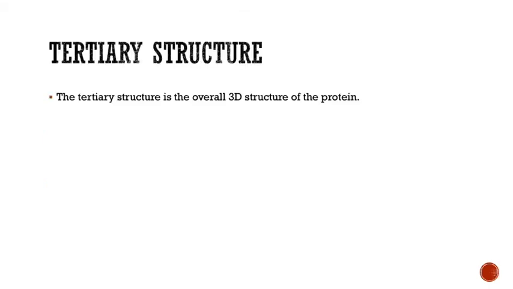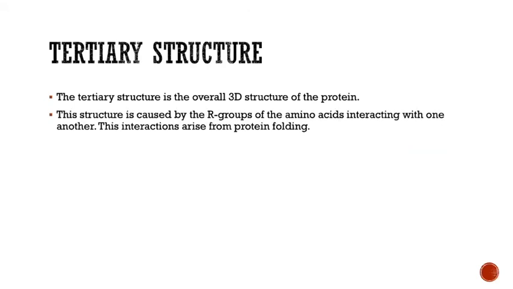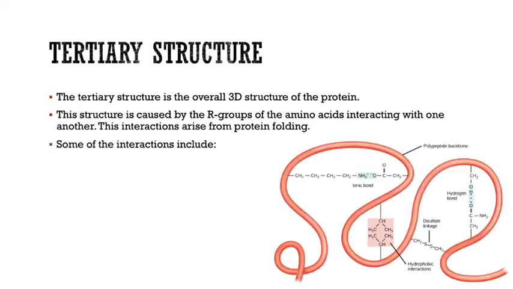Okay, tertiary structures are the overall 3D structure of the protein, and these structures are caused by the R groups from the amino acids interacting with each other. With secondary structures, it was more the amino groups and the carboxyl groups of the amino acids interacting with each other, but here it is the side chains that interact with one another. Some of these interactions include disulfide bridges, which are bonds between two sulfur atoms between these side chains.